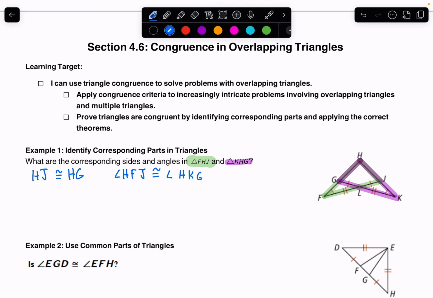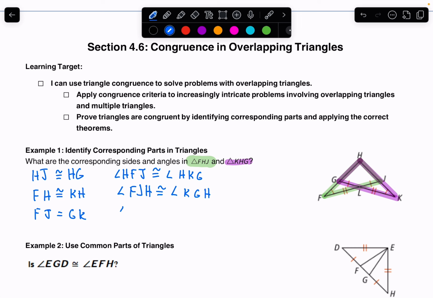All right, so additional sides here, we should have that FH is congruent to KH, and we should have FJ is congruent, that's not a J, sorry, FJ is congruent to GK. As far as our angles go, we should have angle FJH congruent to angle KGH.